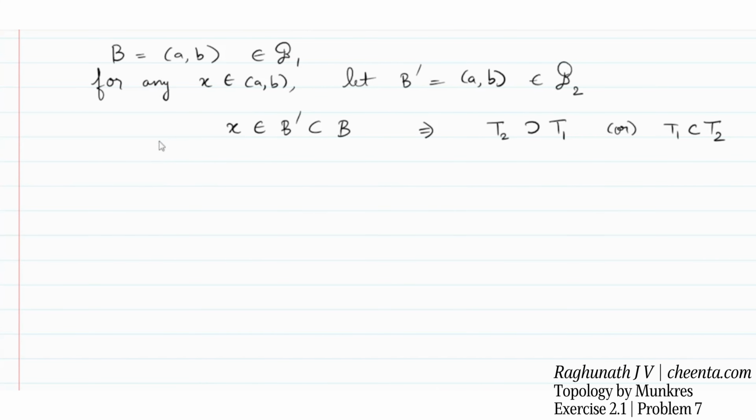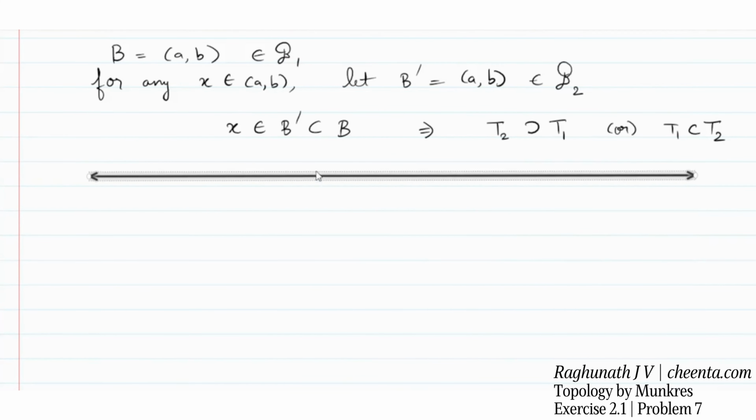Is it true that T2 is a subset of T1, or T1 is finer than T2? Let us try to see. Suppose you consider the real line, let us draw the real line, and consider the open set, the basis element.